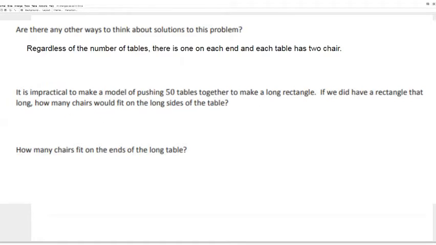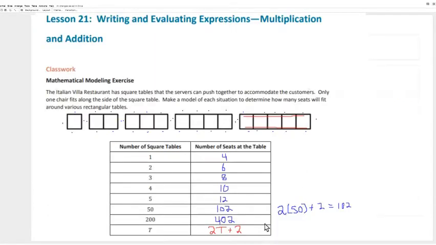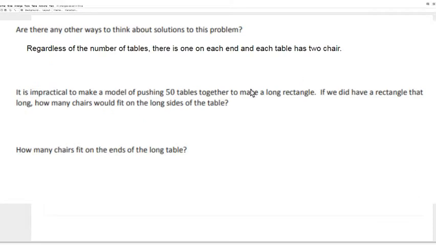Now we're going to talk through what we did here step by step. It's impractical to make a model of 50 tables. It wouldn't make much sense. But if we did have a rectangle that long, how many chairs would fit along the sides? This is just talking about along the side.